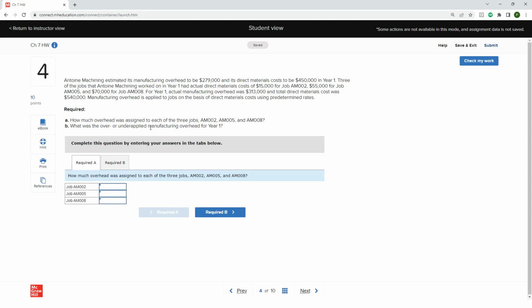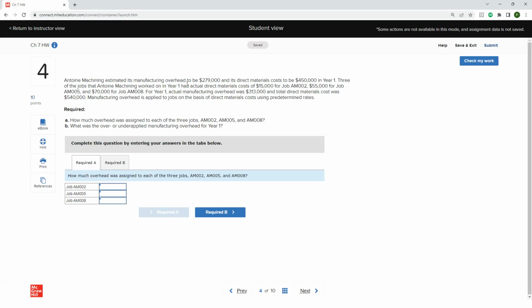It says that Antoine Machining estimated its manufacturing overhead to be $279,000 and its direct materials cost to be $450,000 in year 1. So these two are estimates, the overhead and the materials cost.